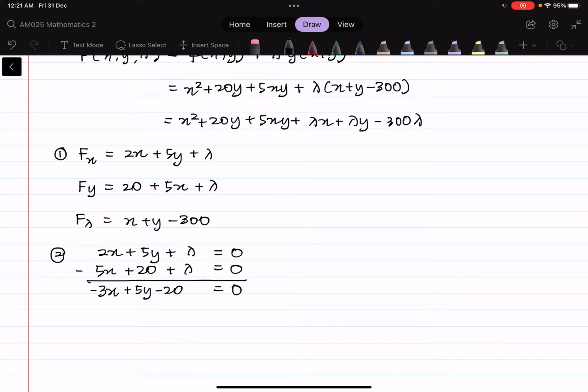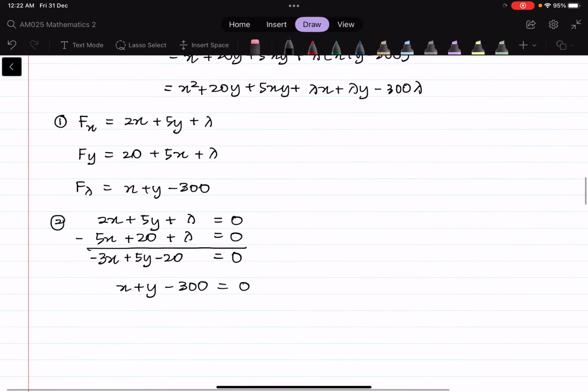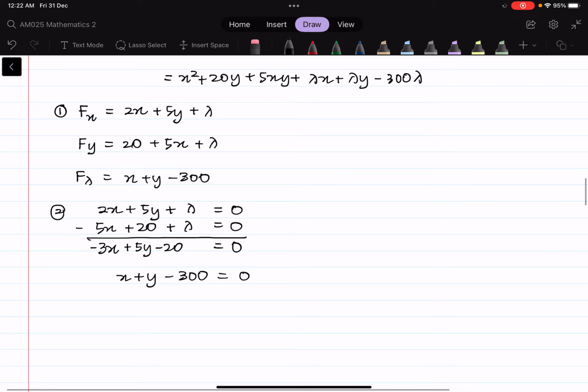Now what we're going to do next is use another equation, which is x plus y minus 300 equals 0, and let us make x equal to negative y plus 300. Then I'm going to substitute x equals negative y plus 300 into negative 3x plus 5y minus 20.